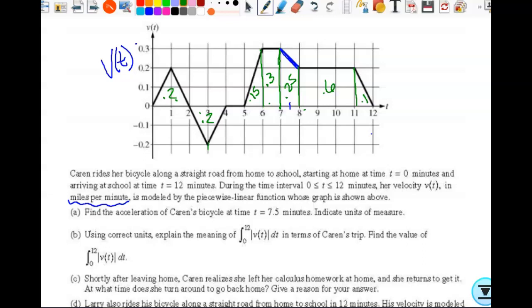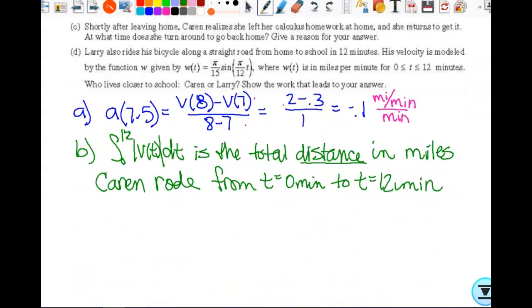Since it's the absolute value, we actually include this. So that means the integral from 0 to 12, absolute value of v of t dt. It's not like you add it all up and then you take the absolute value. You take the absolute value as you do it.